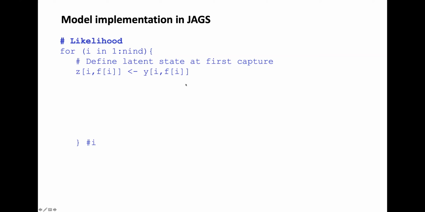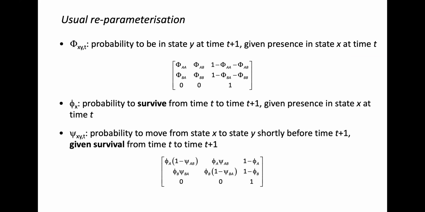I just take the opportunity to ask a question. Go ahead. In the previous slide, you presented in the matrix the combination of survival and transition probabilities. And I remember from E-SURGE you can develop separate matrices to present survival and transitions. The use of that is especially to consider the transitions and then the survival. For example, there's a transition from A to B and then survival in B. Is it possible also to do that with JAGS?